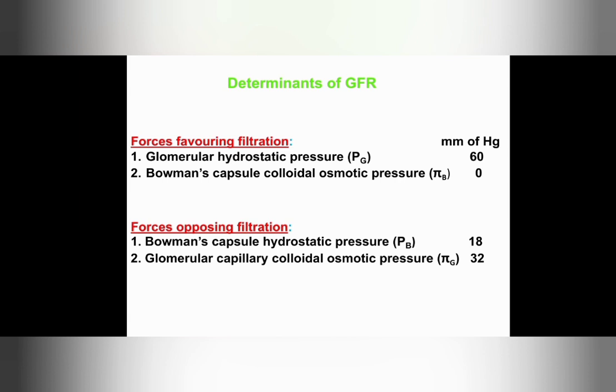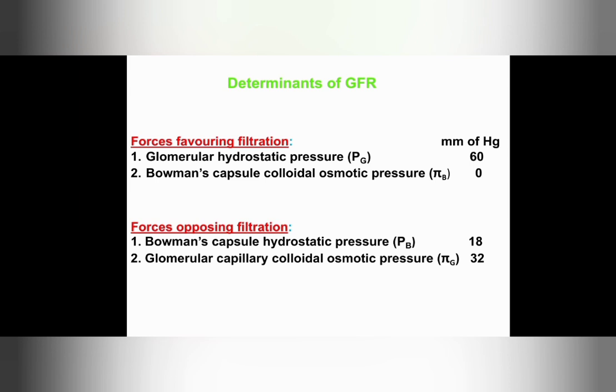I repeat, the fluid just filtered from the capillaries and coming into the Bowman's capsule produces some hydrostatic pressure, and the value is around 18 mm of mercury, and it will resist the filtration. So that is the opposing force.